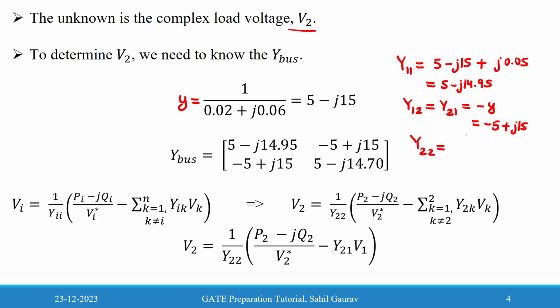One capacitor is connected to the bus, so we have to take that value into account also. 5 minus j 15 plus j 0.5 plus j 0.25, what amount is it coming? 5 minus j 14.70. So we will get this bus admittance matrix.